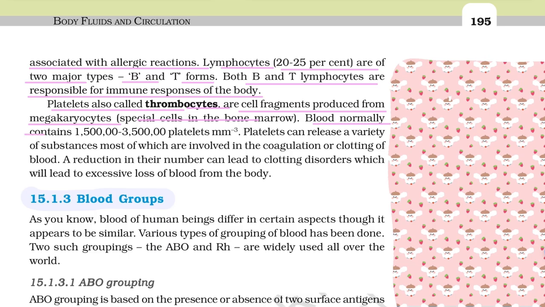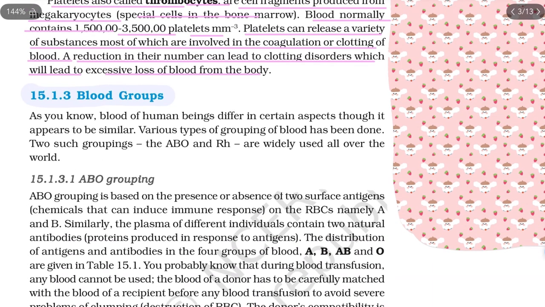Blood normally contains 1,50,000 to 3,50,000 platelets per cubic millimeter. Platelets can release a variety of substances, most of which are involved in coagulation or clotting of blood. A reduction in their number can lead to clotting disorders, which will lead to excessive loss of blood from the body. Next is blood groups.